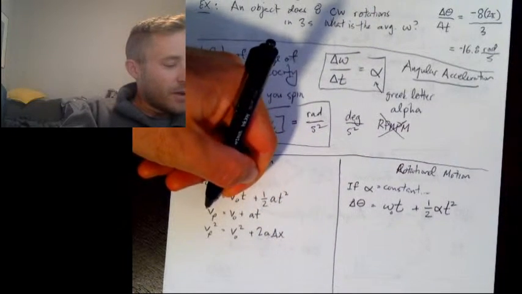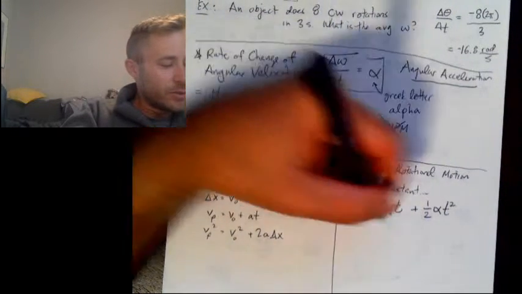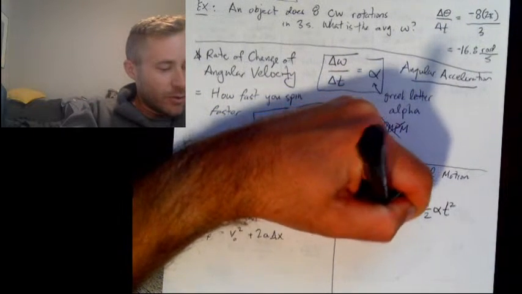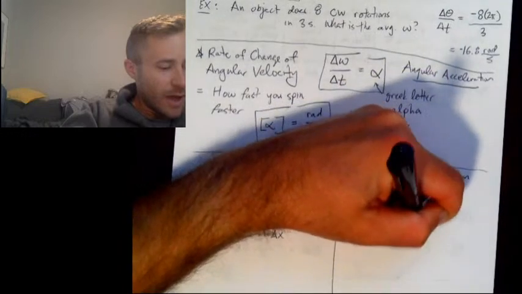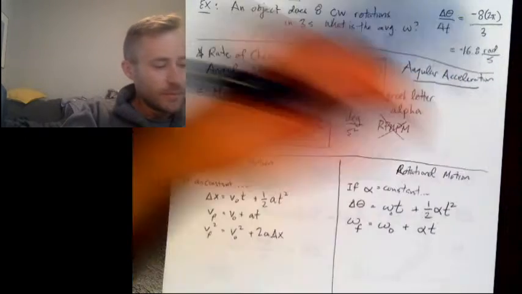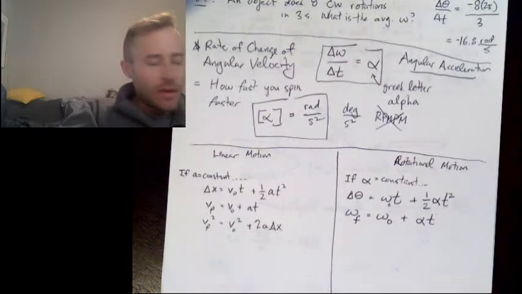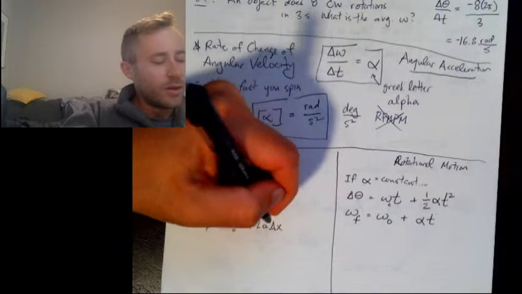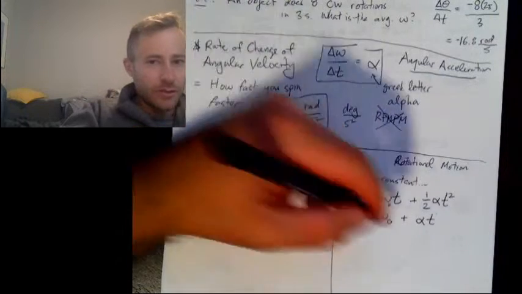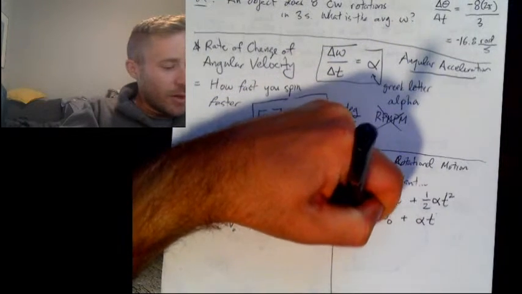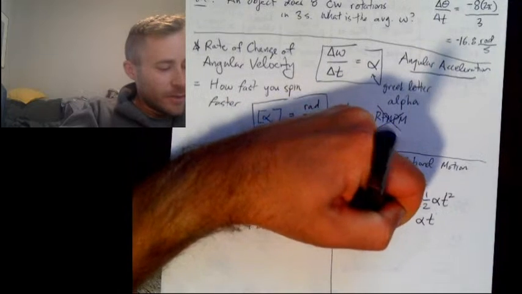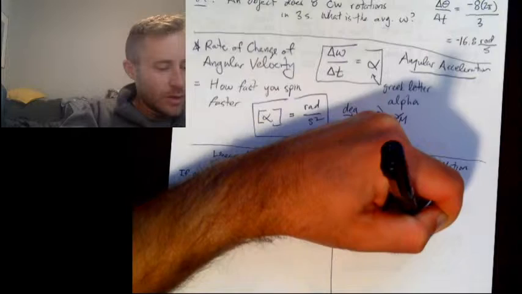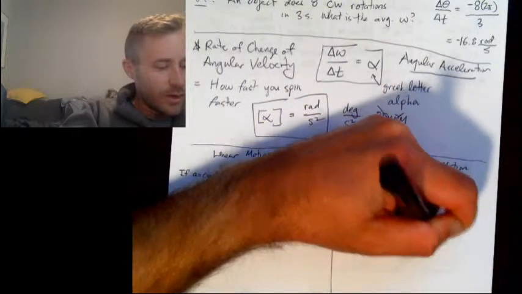Then we have v final equals v initial plus at. This is going to become omega final equals omega initial plus alpha t. And then v final squared equals v initial squared plus 2a delta x becomes omega final squared equals omega initial squared plus 2 alpha delta theta.